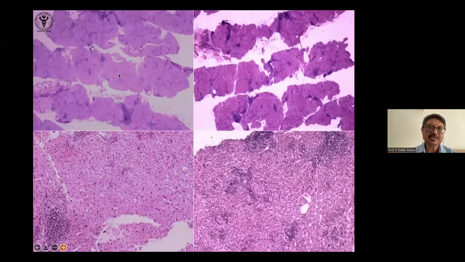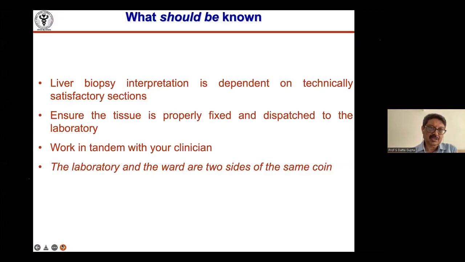You study serial sections. The thickness of the biopsy depends on what the pathologist is happy about. This is a little thicker one, this is a thinner one, and both are equally fine. Generally 5 microns in thickness. And please work with your clinician, right? The laboratory and ward are the two sides of the same coin, and it's very, very important.